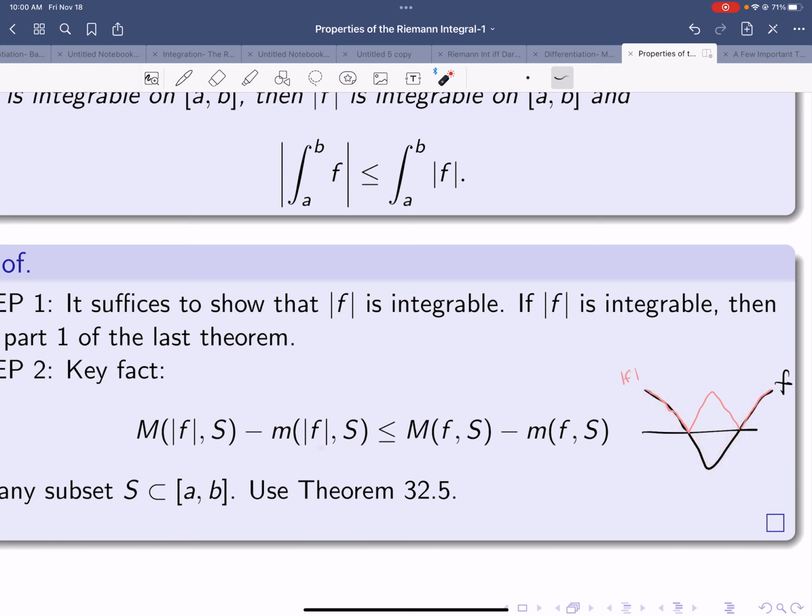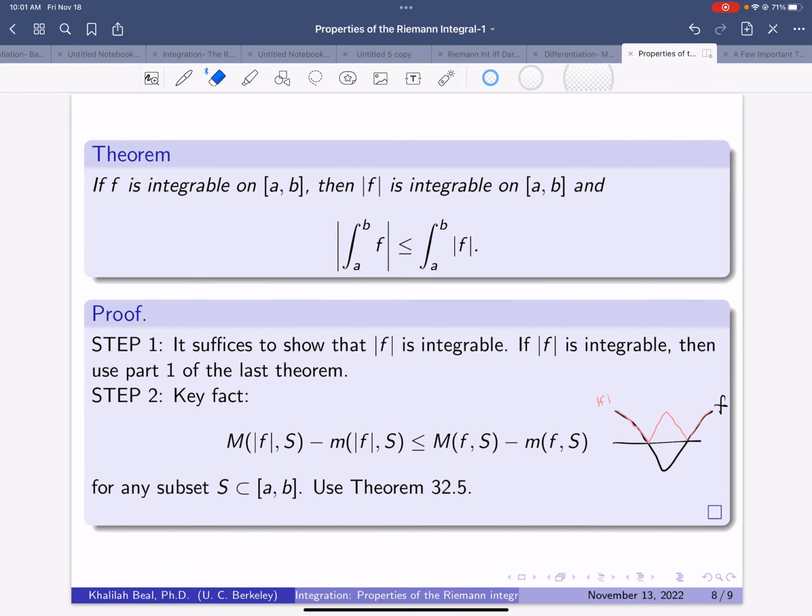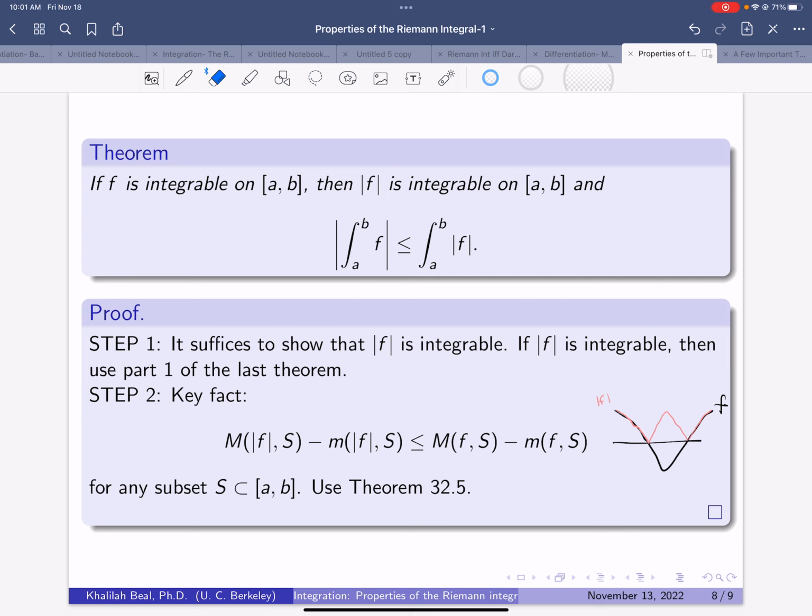So by flipping those negative values, the only thing you've done is possibly bring some infs up, make sense? And bring some sups down. So the values in the absolute value will be closer to each other than the values of the original function. Okay?